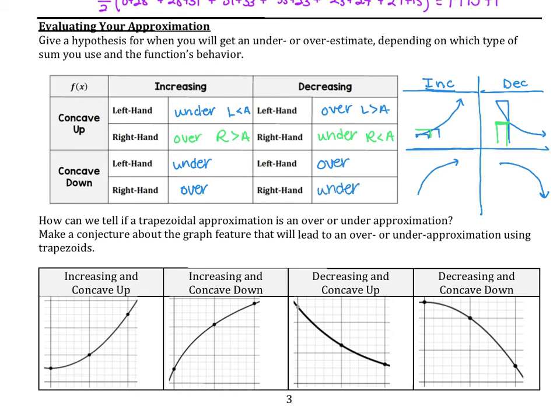Okay, so if you were to make a general statement about the left rectangle approximation method and the right rectangular approximation method and how it relates to these graphs, what would you say?